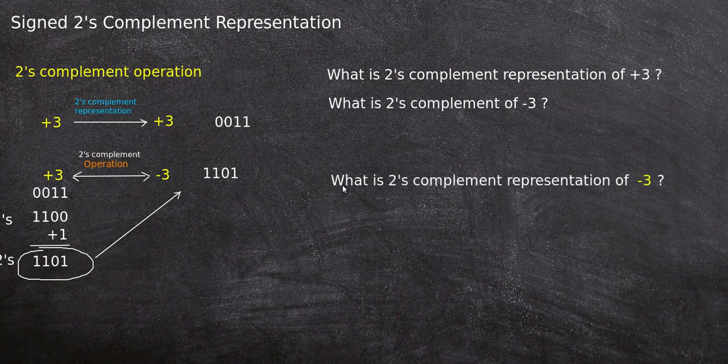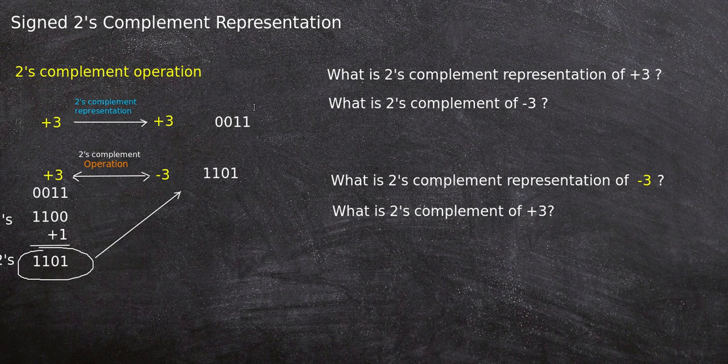Now if it is asking for the 2's complement representation of -3, then actually it is asking for the 2's complement of +3. This 2's complement of +3 is going to be the representation of -3. If it is a positive number representation, then it is very easy.